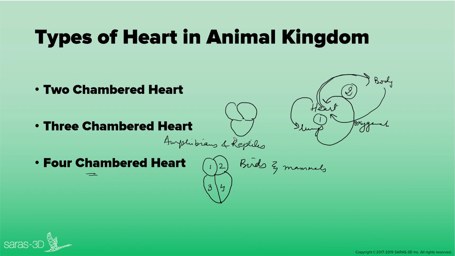So these warm-blooded animals need complete partitioning of their chambers because they don't need any mixing of the blood. Why? Because they need to conserve their energy in order to maintain their body temperature. Due to this partitioning, the circulatory system becomes more efficient and can maintain body temperature constant.